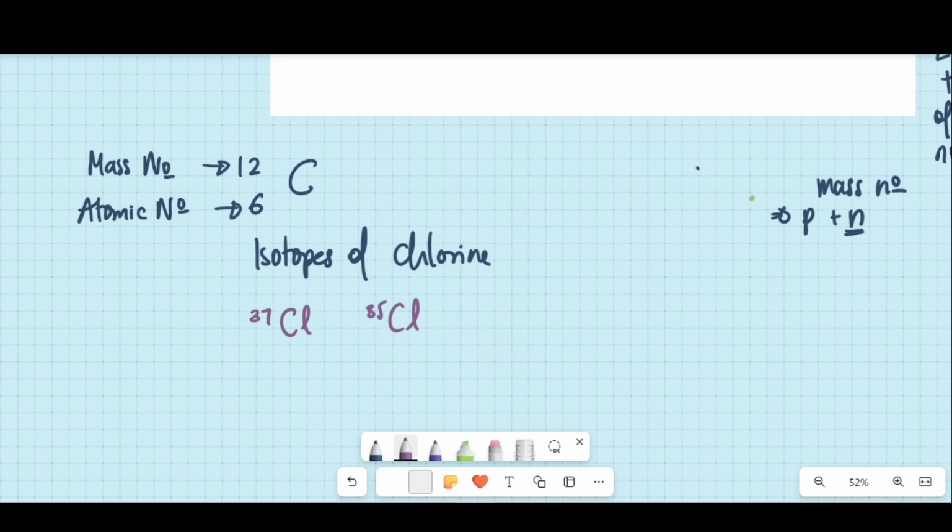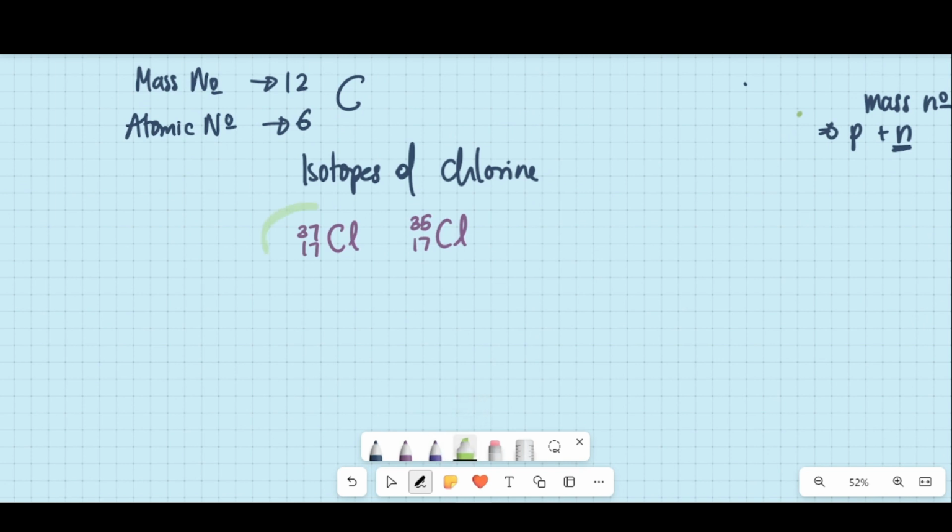If we know that chlorine has a proton number of 17, let's calculate the number of neutrons. We're going to call this chlorine A and this chlorine B, using different colors. For chlorine 37, mass number equals proton plus neutron.